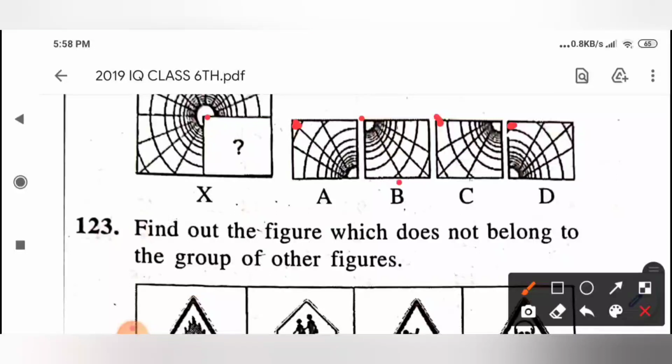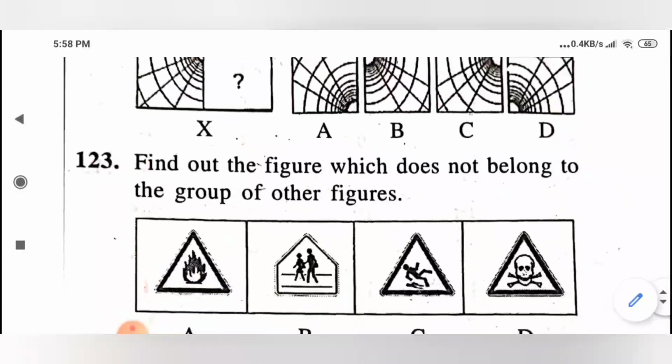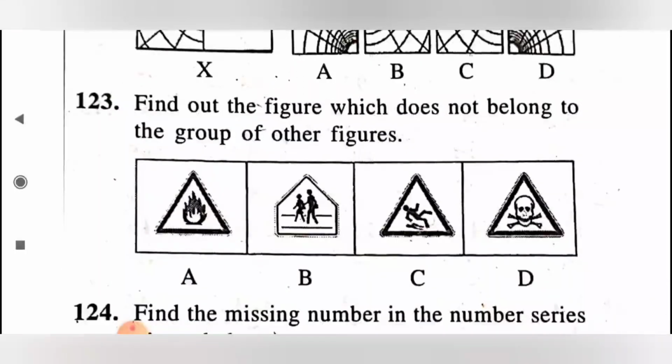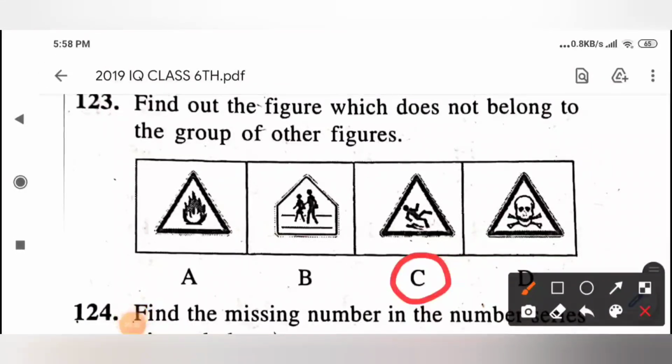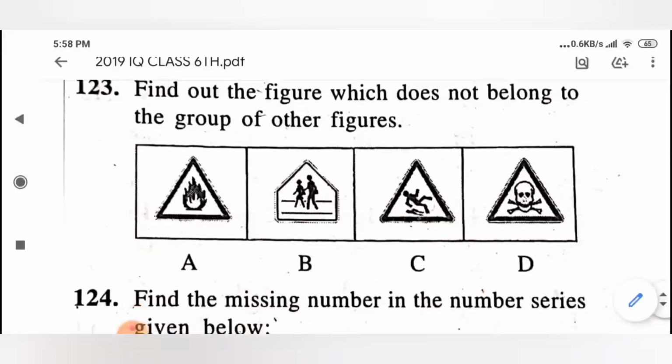Of course, B matches correctly. So the answer is option B. 123. Find out the figure which does not belong to the group of other figures. The answer is option C, because there is no such symbol. Option C is the odd one out.